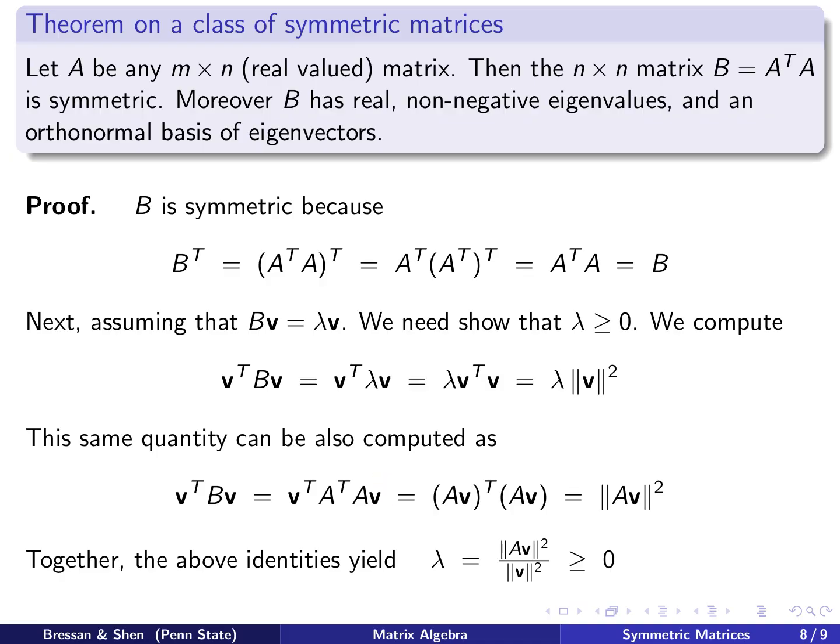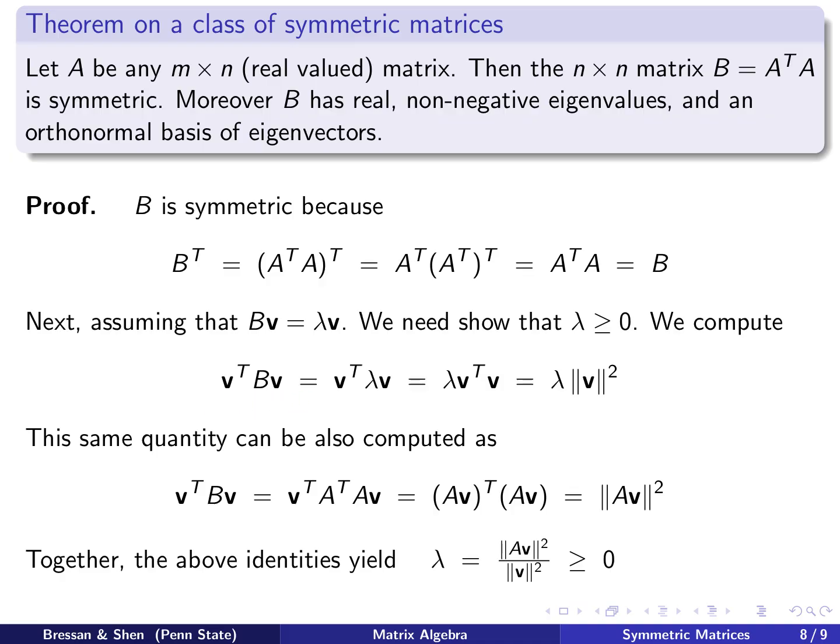The last two makes AV, and the first two becomes V transpose times A transpose, which is the transpose of A times V. Now I see that A times V is a vector. This vector transpose times itself is the square of the norm of this vector.